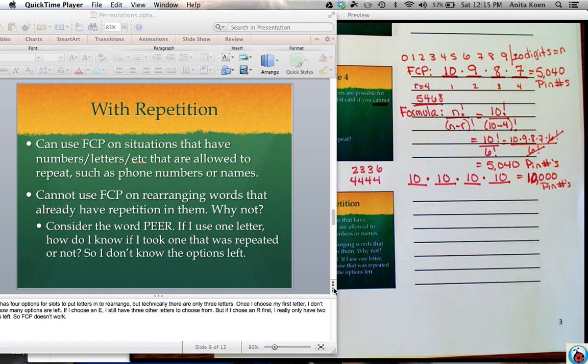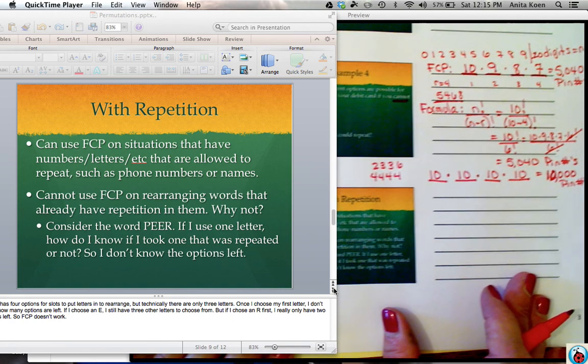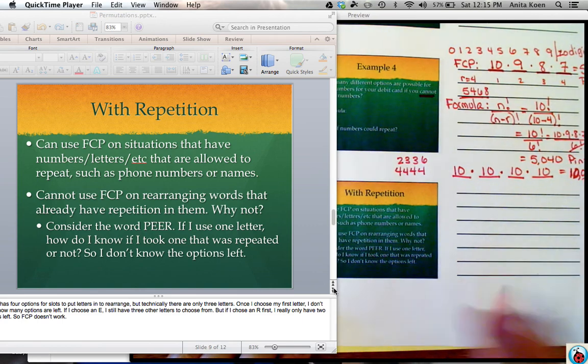Okay, why not? Well, because if I have a word that has repetition in it, like the word peer, you see the word peer here on your slide, it has 2 E's in it. So if I use one of the letters, I don't know which one I took.